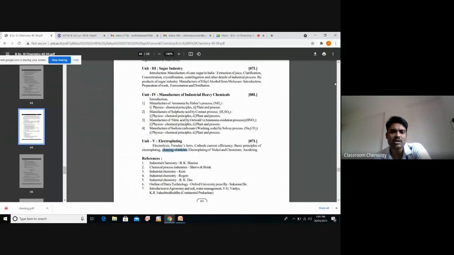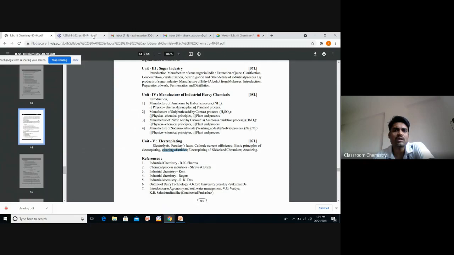If we clean before electroplating, we can increase the life of the particular object. I think we see there are too many applications of electroplating, and hence cleansing is a must.